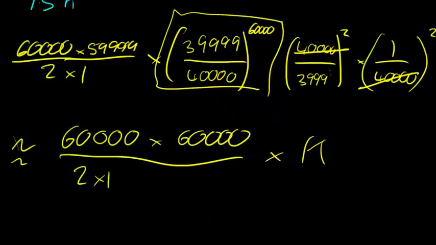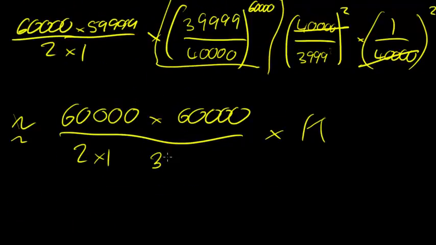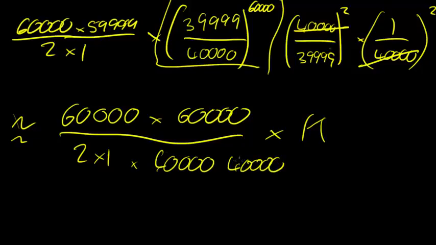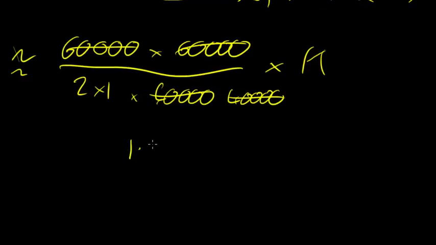So on the denominator, I'm going to have times by 39,999 times by 39,999, and both of those are approximately 40,000. So divided by approximately 40,000 times 40,000. And 60,000 over 40,000, well, that is 1.5. So they'll cancel to be 1.5, which gives me 1.5 squared over 2 factorial times my value of k.